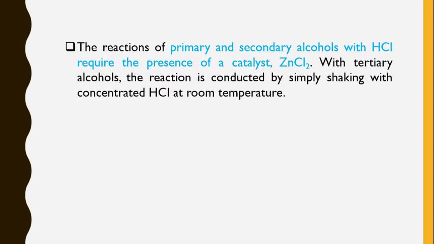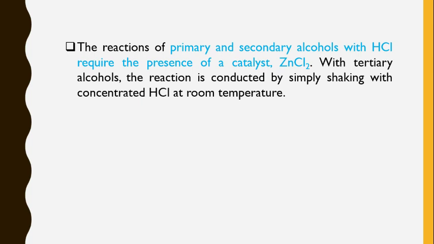See, first the introduction. The reactions of primary and secondary alcohol. First see what is meant by primary alcohol and secondary alcohol. What is the functional group of alcohol? It is ROH. Primary alcohol means the OH group is attached to a carbon containing two hydrogen atoms.